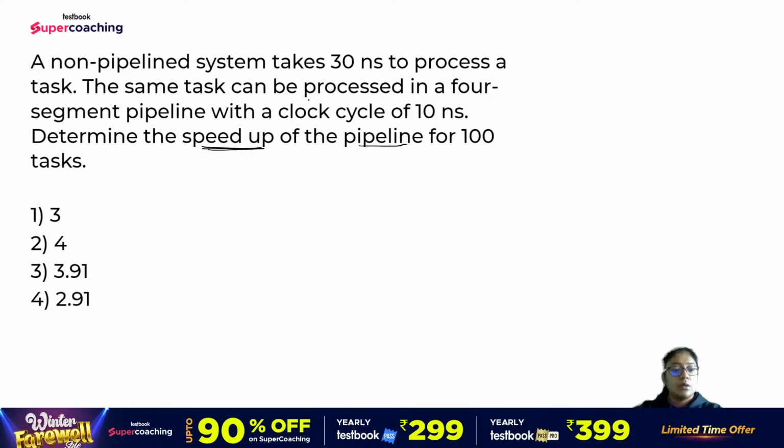So do you want to try? A non-pipeline processor is taking 30 nanoseconds. Number of segments is 4. Clock cycle time in the pipeline is 10 nanoseconds and the number of tasks is given as 100.